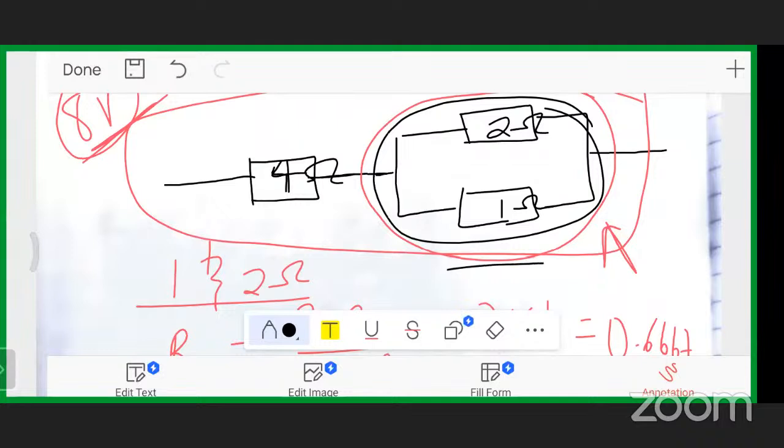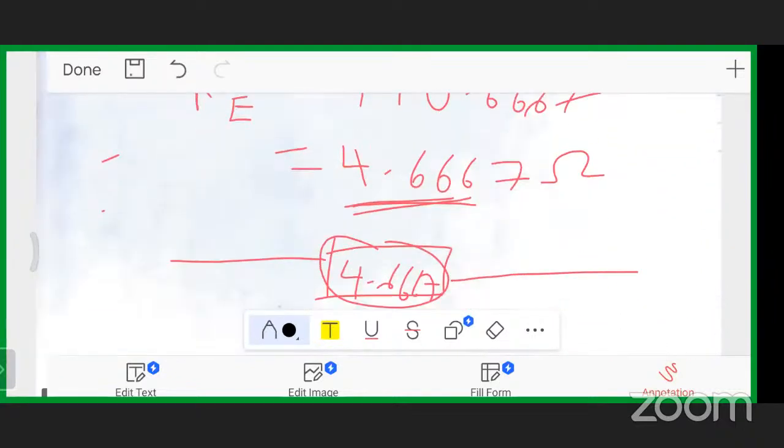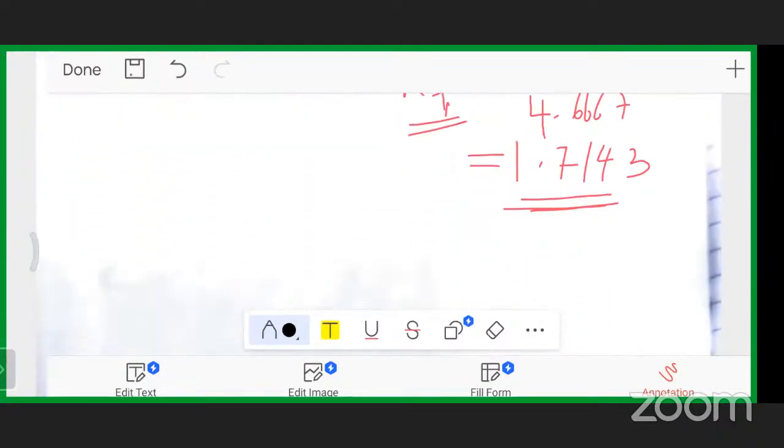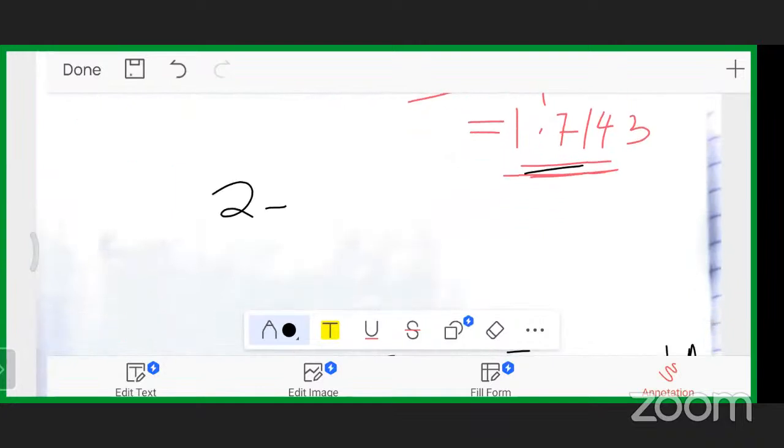But that current is not the same for each of them, because in a parallel connection the current is different. What we can find is the voltage that is common to them, the voltage drop. So use this current, which is their total current, for the 2 ohm and the 1 ohm.